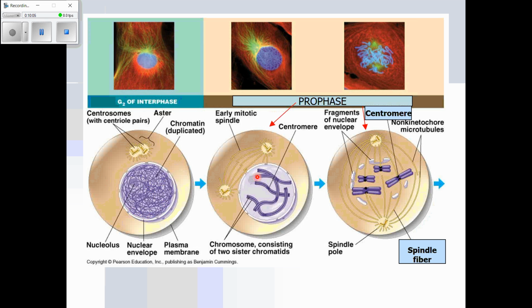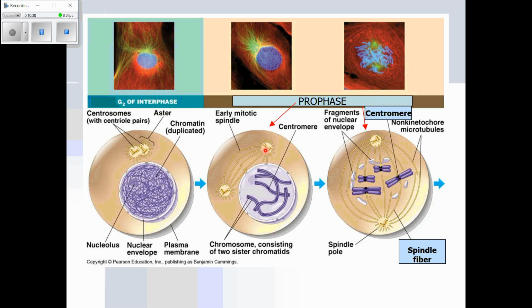Let's move over to prophase. This is now the beginning of mitosis. Once we get to this picture right here, mitosis has begun. This cell has now begun the process of dividing its nucleus to make two separate, genetically identical nuclei. Remember, that's the goal of mitosis.